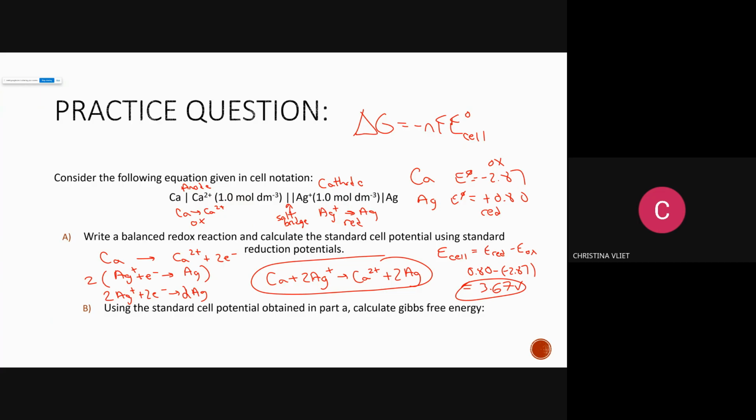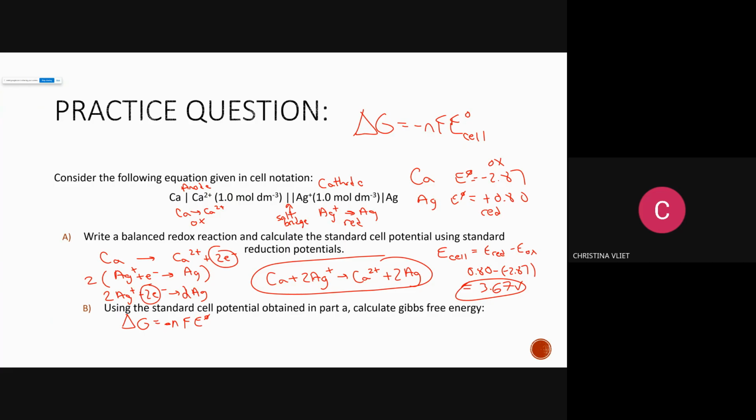Now, part B is where we actually have to use this formula. It says, using the standard cell potential obtained in part A, what will the Gibbs free energy be? So what would delta G be? Negative n F E. What is n? 2. Two electrons were transferred in this process.